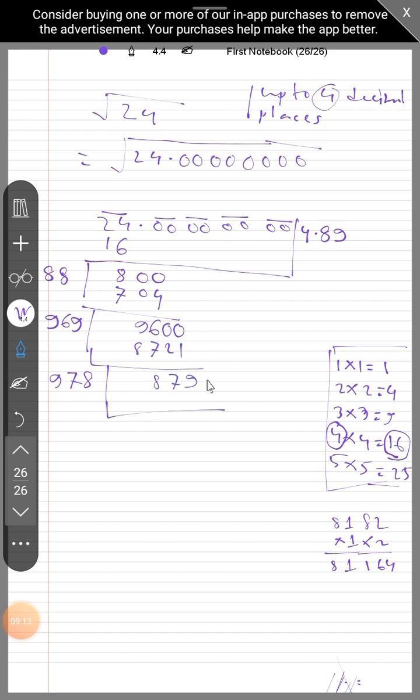We'll give another pair of zeros. Again, we'll start writing here 1, 2, 3, and we continue the process.